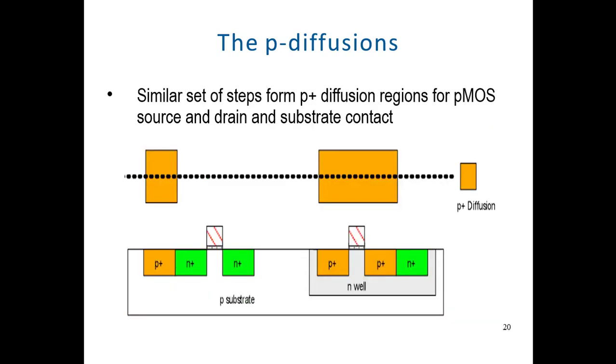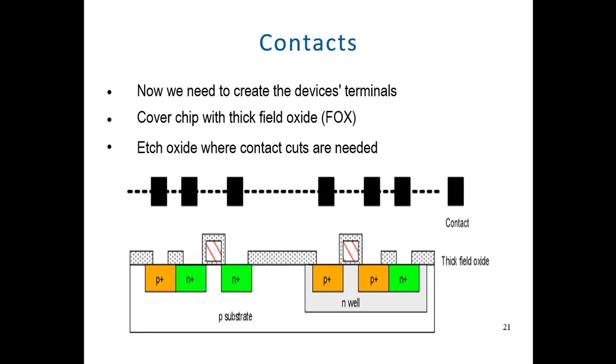Now we apply one other mask, the P mask, and again this is your mask. You put the ultraviolet light, and it is transformed here, here, and here. Okay, so the next one is the mask for contact.